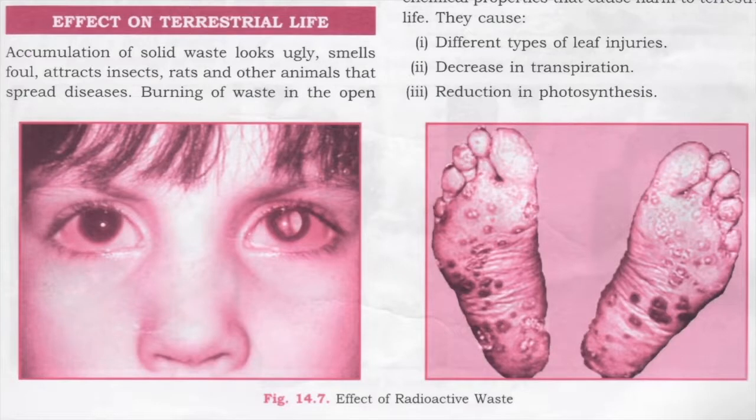Let's discuss how waste accumulation affects terrestrial life. Accumulation of solid waste looks ugly, gives a foul smell, and attracts insects, rats and other animals that spread diseases. Burning of waste in open dump yards causes smoke and foul smell in the air.